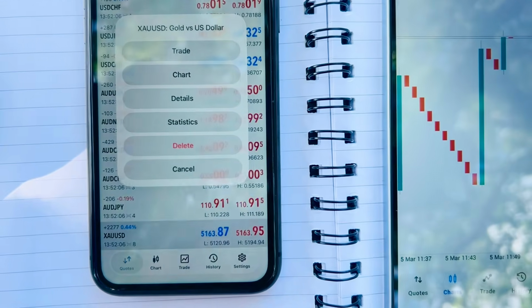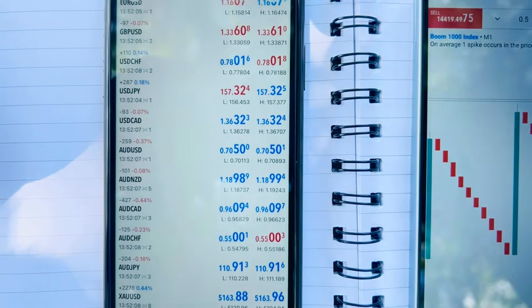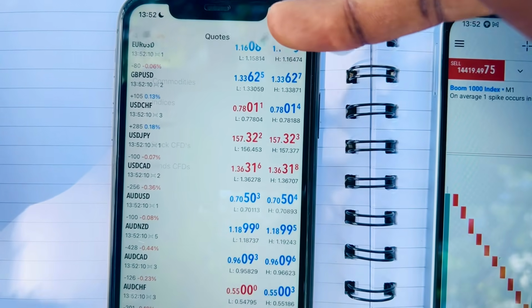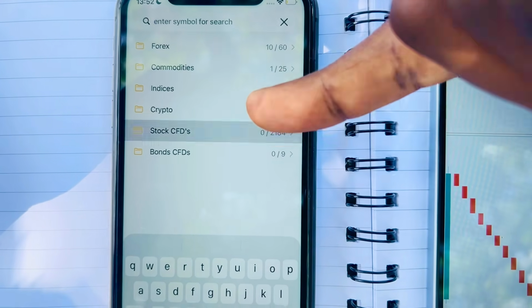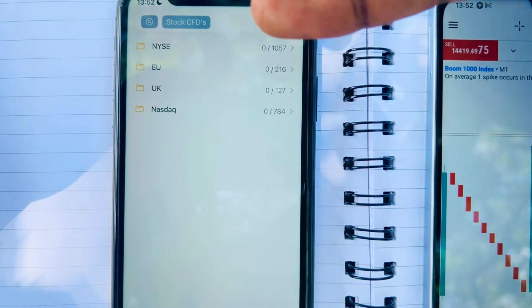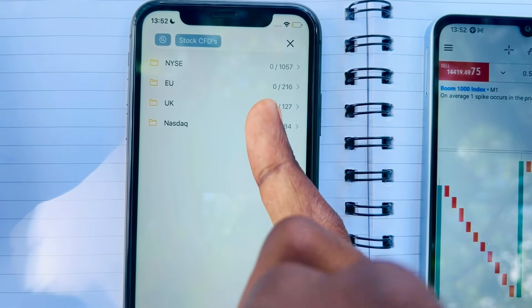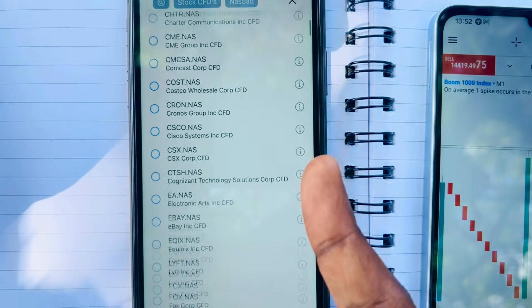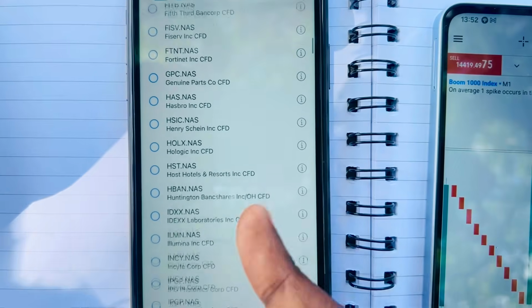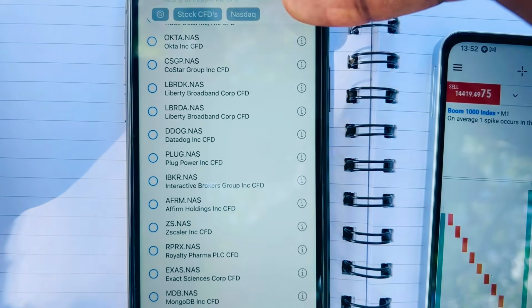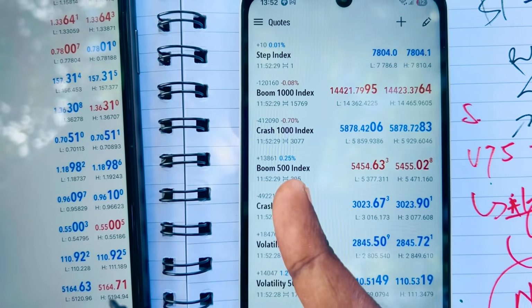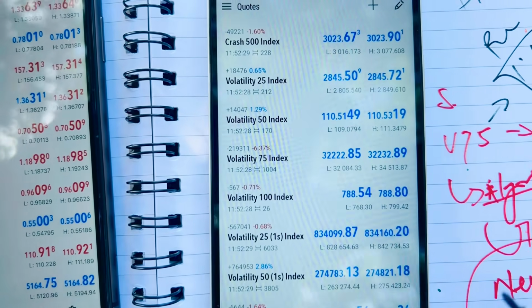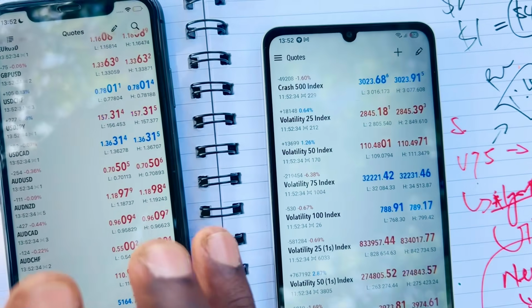I also trade stocks, including the Nasdaq, and the USD. I trade these assets mainly because of the volatility that is here. So the next time you see me trading this, just note that these are synthetic indexes, algorithm based, created by Deriv.